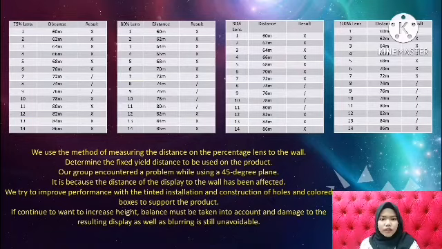Our group encountered a problem while using the 45-degree plane. It is because the distance of the display to the wall has been affected. We try to improve performance with the tinted installation and construction of holes and a color box to support the product.